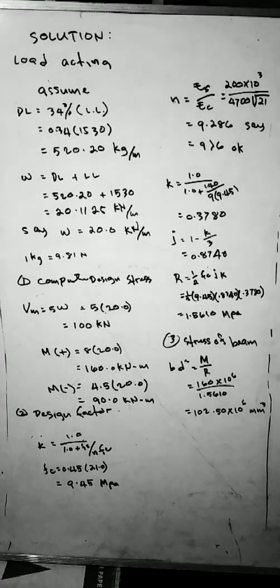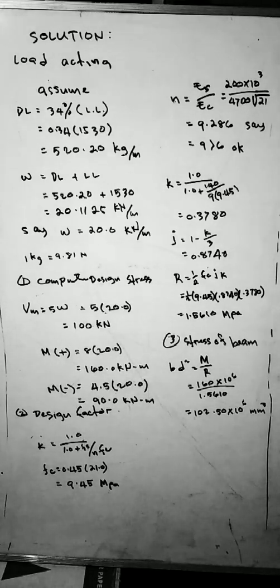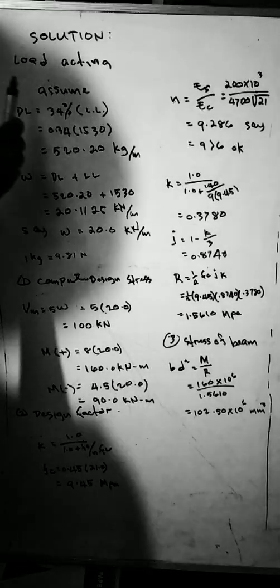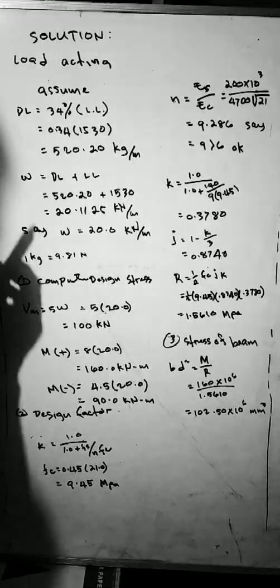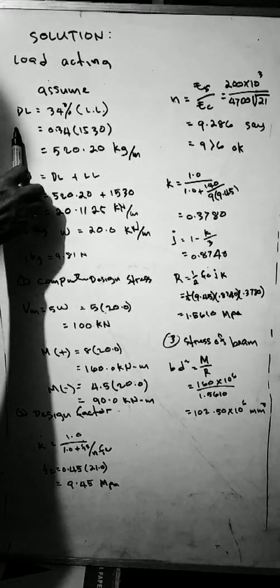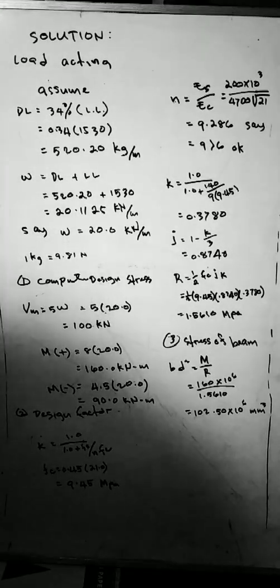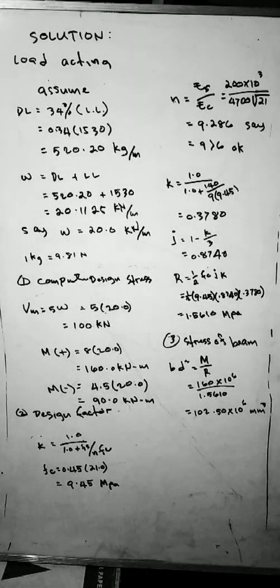Okay, we will start the solution of the sample problem for the singly reinforced WSD method. This is the solution. We have to compute first the acting loads. Assuming the dead load, we have to assume the dead load because there is the 1,530 kilogram per meter live load.